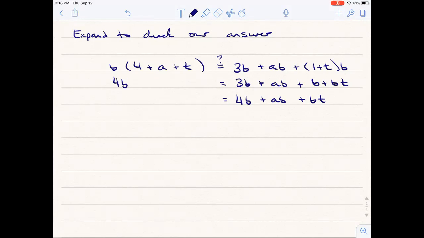It doesn't matter. The order doesn't matter because we're multiplying. Right? 4 times 2 is the same as 2 times 4. Plus AB plus TB. I guess if we wanted to copy it exactly, we would rewrite that last term as BT. 4B plus AB plus BT. They're the same.